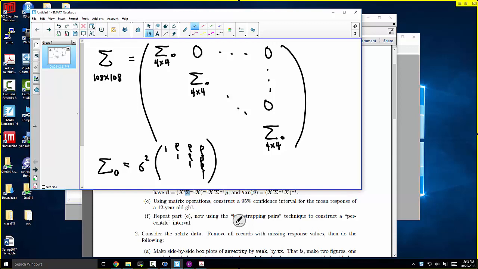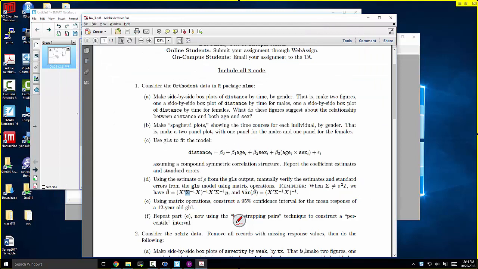From the GLS output, you can get an estimate for sigma, and you can get an estimate for rho. That gives you an estimate of sigma 0, and then sigma hat would be sticking that together in block diagonal form. I showed code how to do it, but again, it can be extra credit. You don't have to do it.